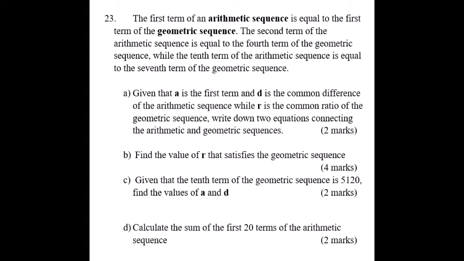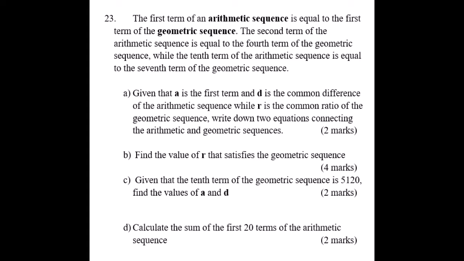So you're given that A is the first term, the common difference we represent with D, then the common ratio for the geometric series is R. And then you're supposed to write an equation connecting the arithmetic series and the geometric series.